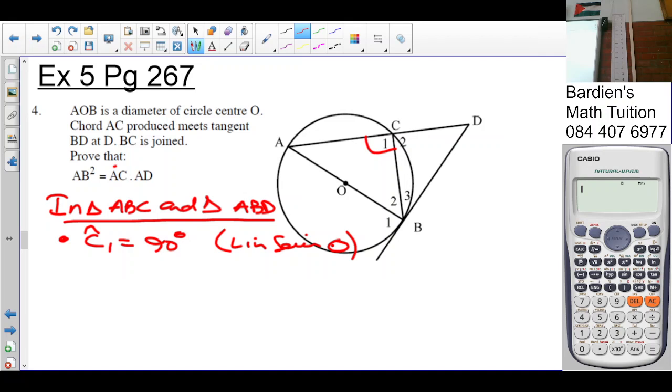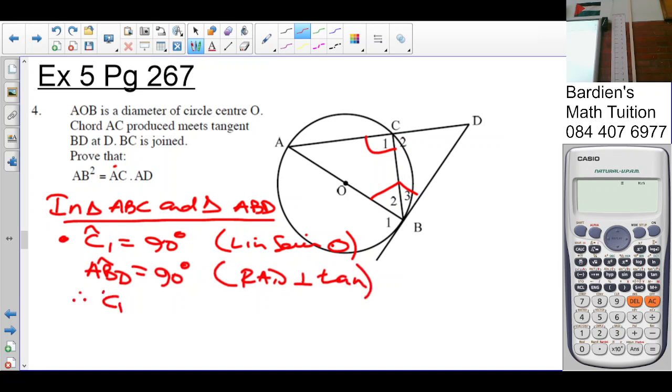Then we're saying that this angle there, ABD, is 90. And why is that 90? Radius perpendicular to tangent. So therefore, angle C1 is equal to ABD, which is equal to 90 degrees.